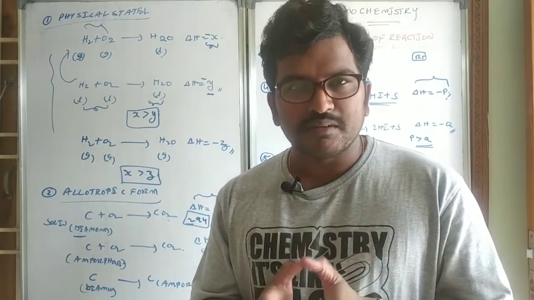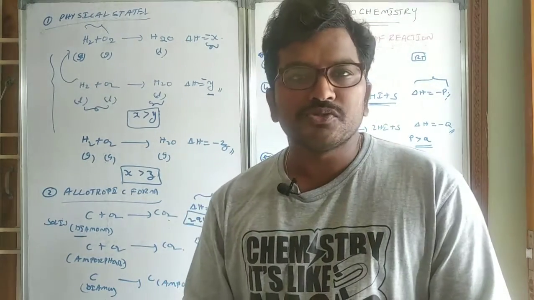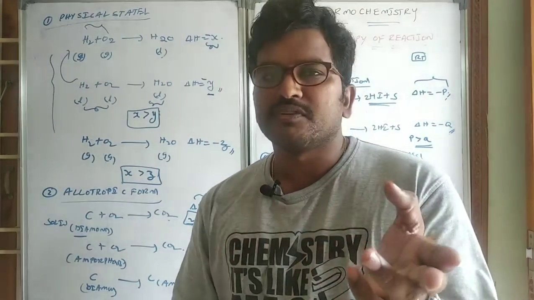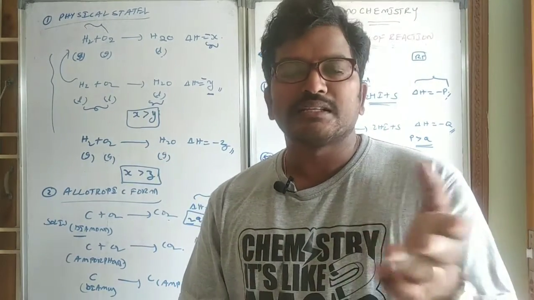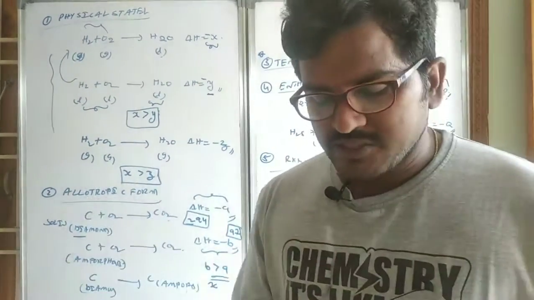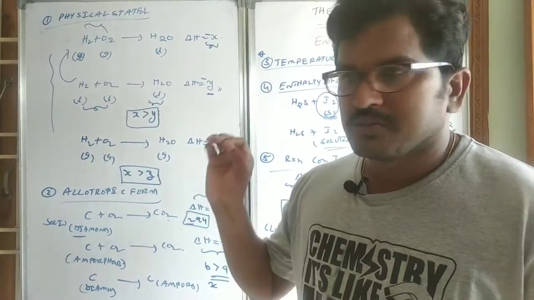Don't expect them to ask based on memorizing values in this thermodynamics. The only two values which you have to learn by heart are 57.3 and 13.7 kilocalories for enthalpy of neutralization. Nowhere else is there a need to memorize the values. Only apply logic, and you can do the work.